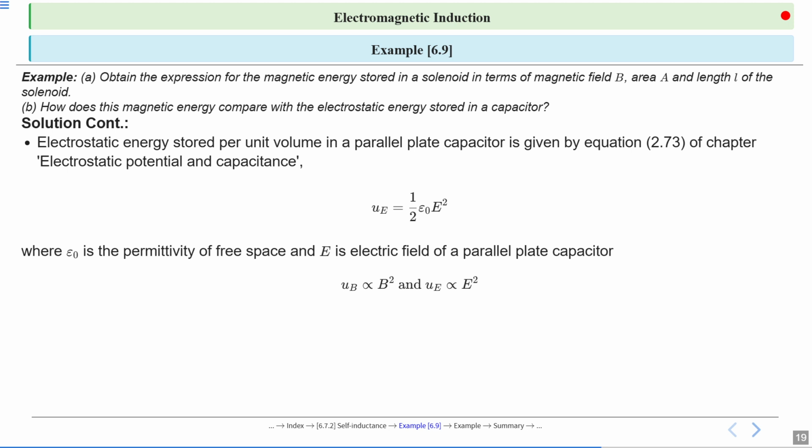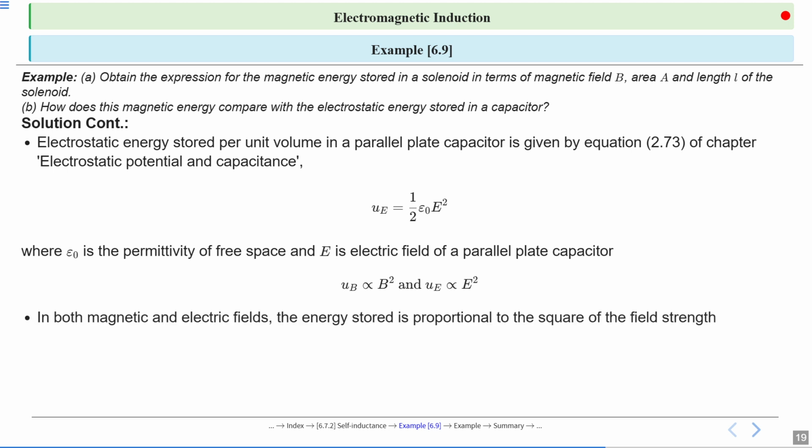Now you can see we have discussed U_B = (1/2) B squared upon mu naught. Half and mu naught are constants, so the magnetic energy density U_B is proportional to B squared. Here the electrostatic energy density is proportional to E squared.